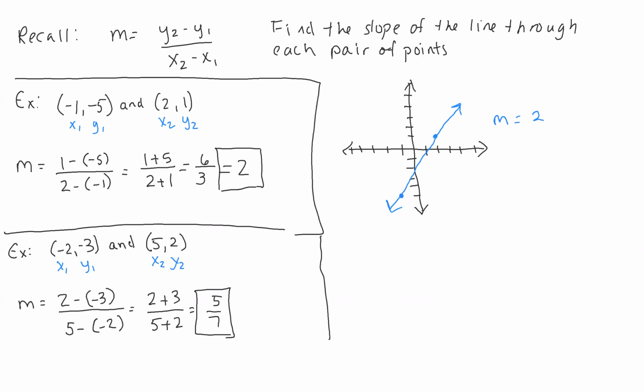Now, let's look at that a little bit. For this line, I technically go up 1, 2, 3, 4, 5, 6, and then I go over 1, 2, 3. This line is not drawn very well, but let's pretend. We'll fix it a little bit.